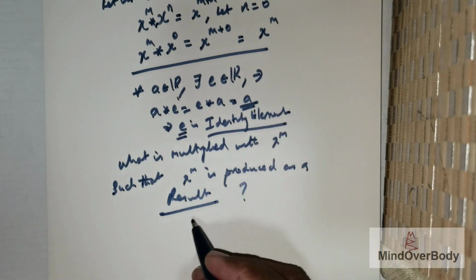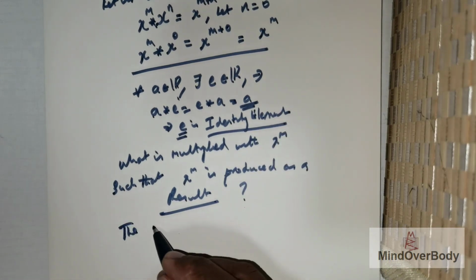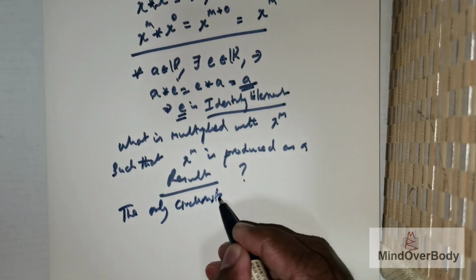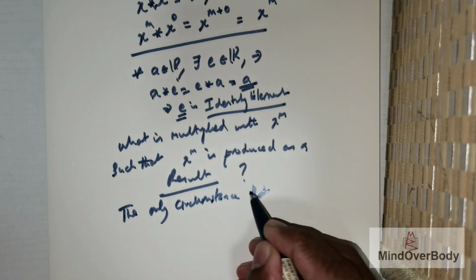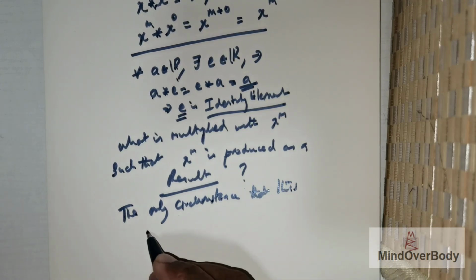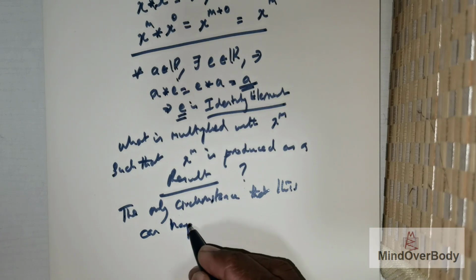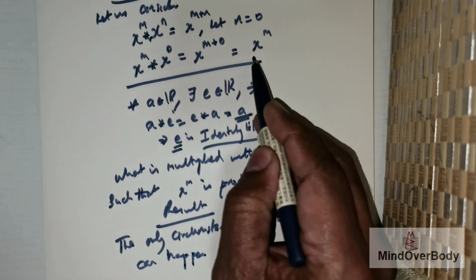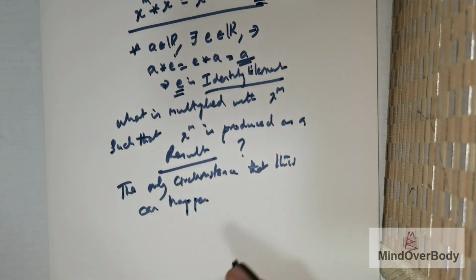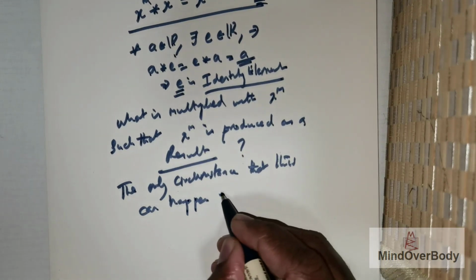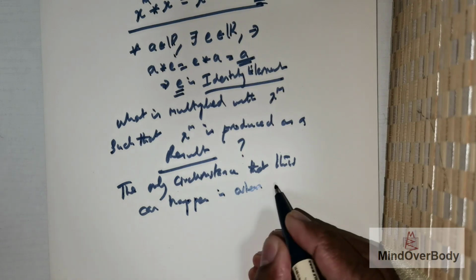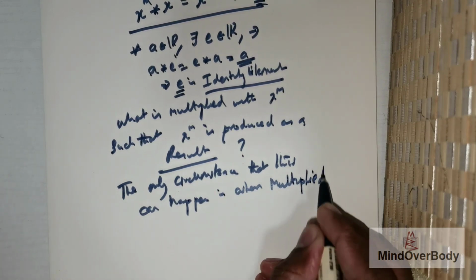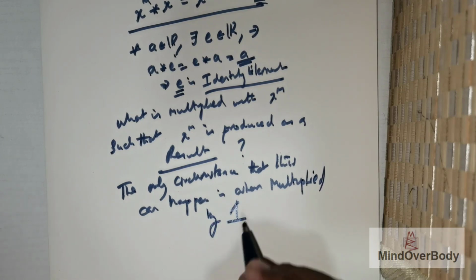So the only circumstance in which this can happen, producing the original element, is when multiplied by the number 1.